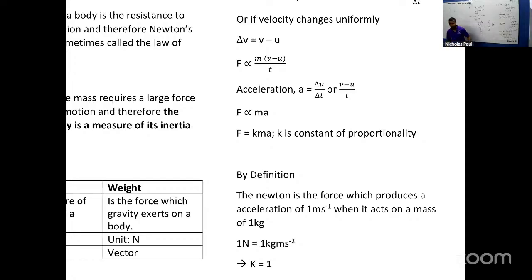What do we know about the resultant force and the acceleration? They always take place in the same direction, right? So the resultant force here is downwards, and the gravitational acceleration is downwards. So they always take place in the same direction.